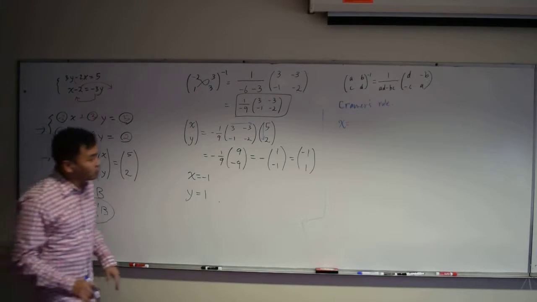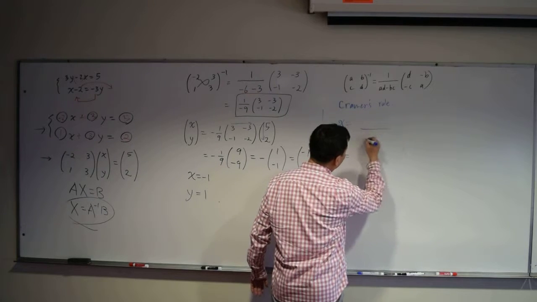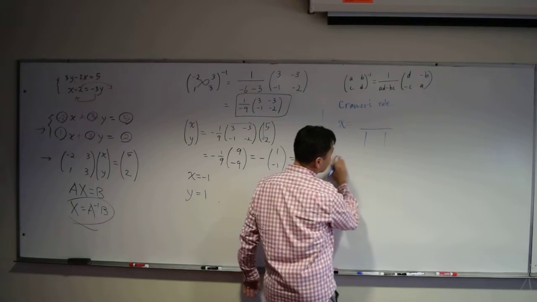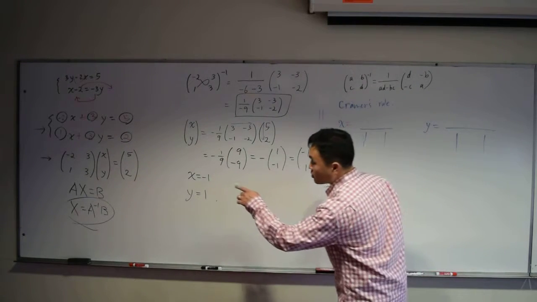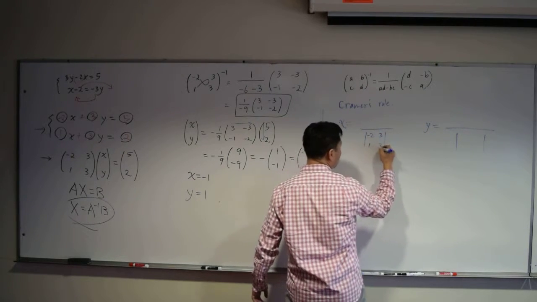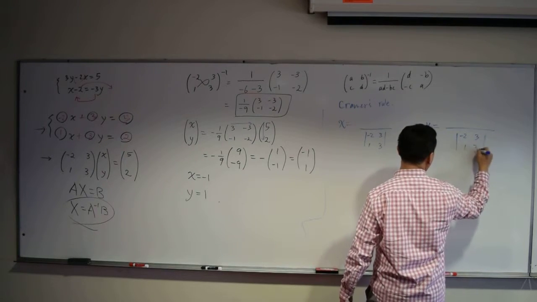Okay, so whether you're getting x or y, the answer is always over the determinant of the coefficient matrix. So let's see, it's negative 2, 3, 1, 3, and again, negative 2, 3, 1, 3.